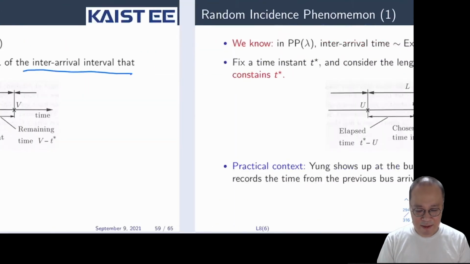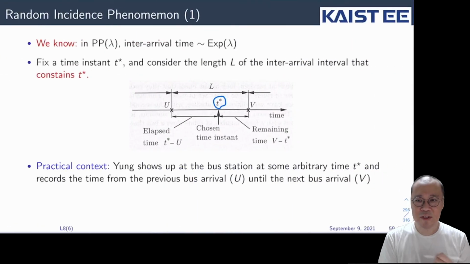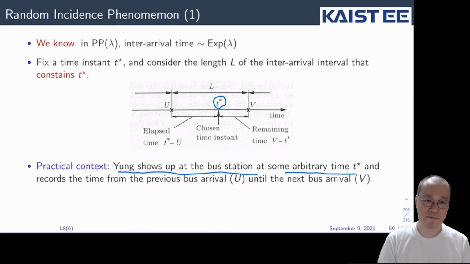What we mean by that, if we understand this in a practical context, is this. Jung shows up at some bus station at some arbitrary fixed time t star, like 9 a.m., for example. That's the t star.